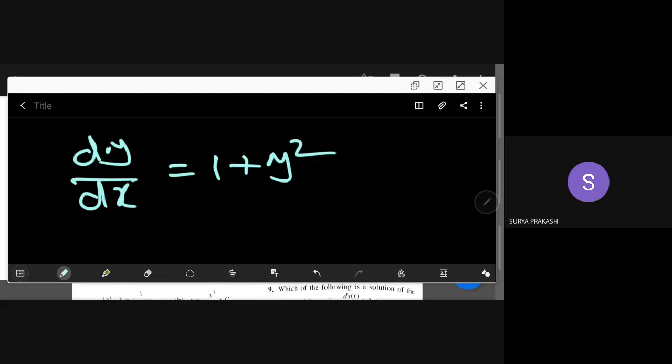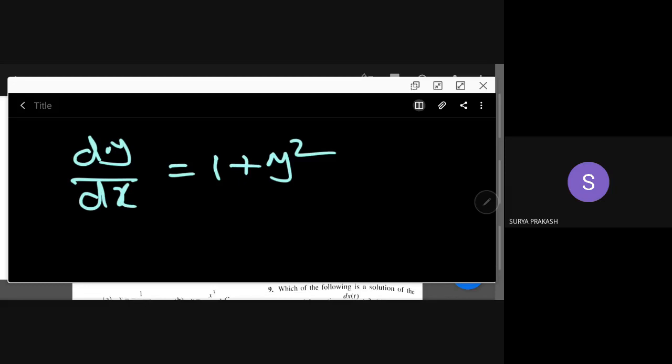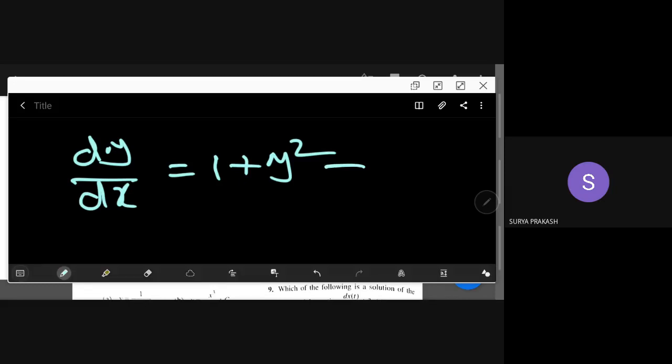You can do this one in two ways. One is like this. Dy by 1 plus y square is equal to dx. And tan inverse y is x plus c. Okay, tan inverse y is x plus c.